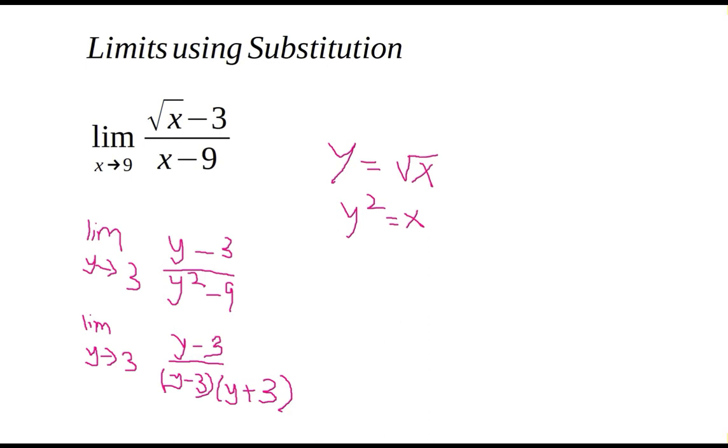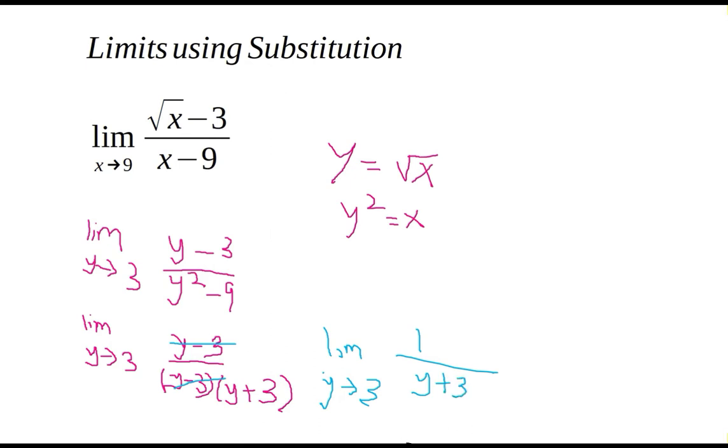Now we can see that this y minus 3 cancels this y minus 3, so we will be left with the limit of y approaching 3 of 1 divided by y plus 3.